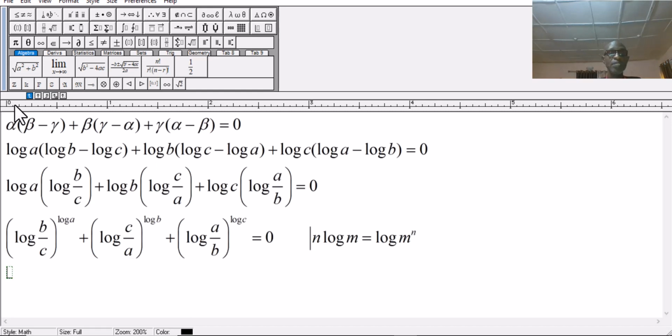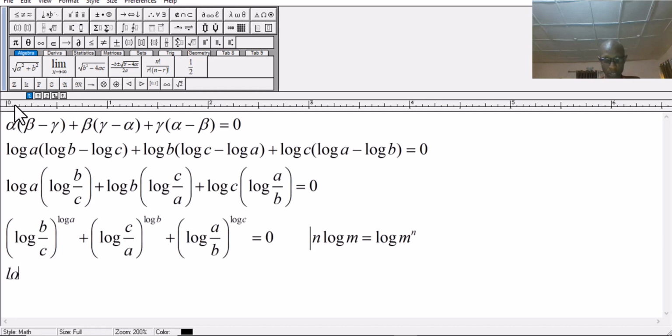Now the next step, we are going to assume that this log has the same base, let's say base x. So the base is the same. And when it comes to the law of addition in logarithm, we are going to use that step.